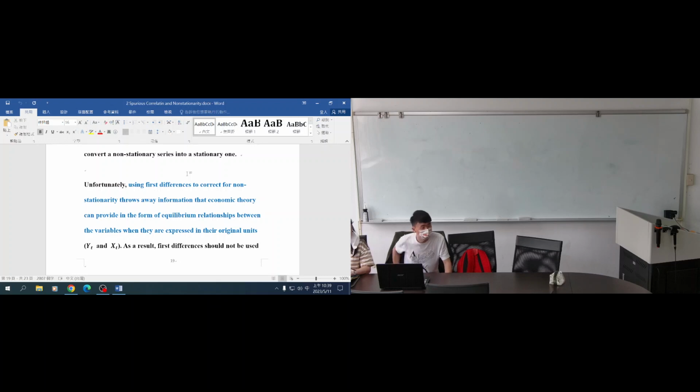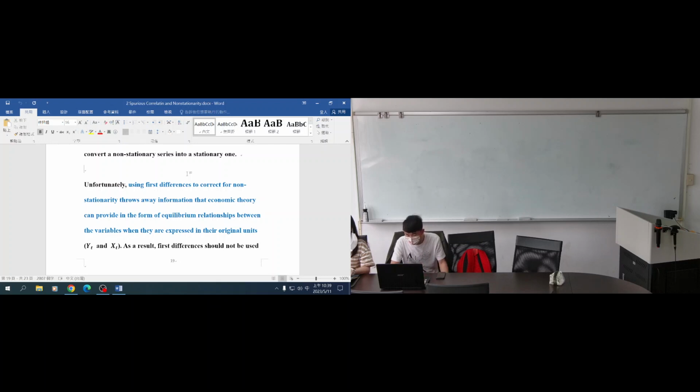So unfortunately, if we use the first difference to correct for non-stationarity, then the relationship is not what is covered in economic theory, because economic theory usually speaks of the original level of the variable. The original y instead of delta y.